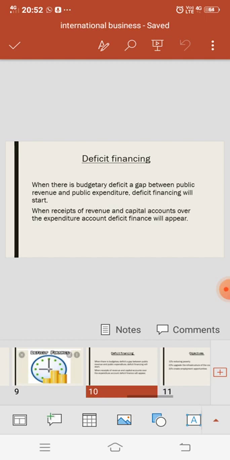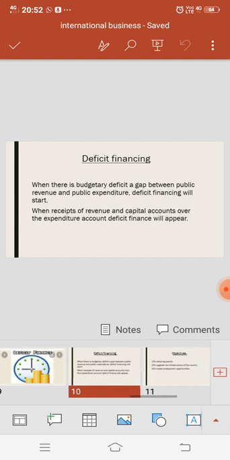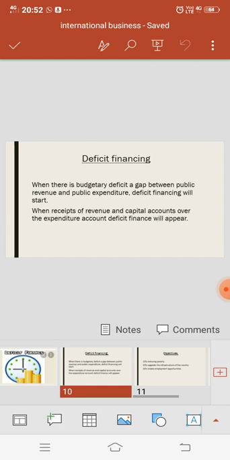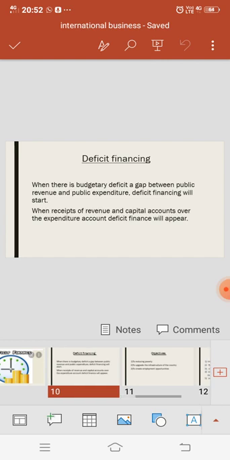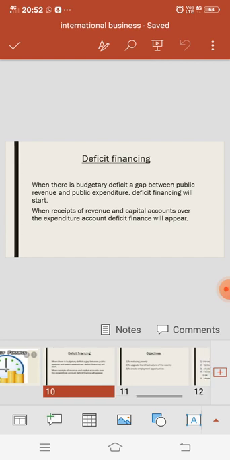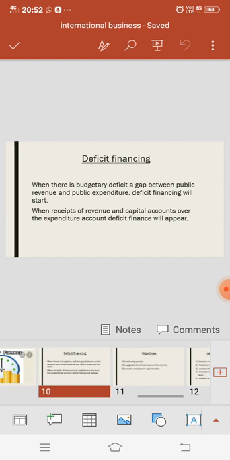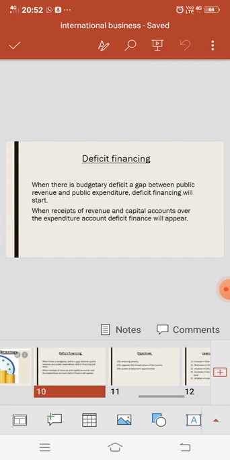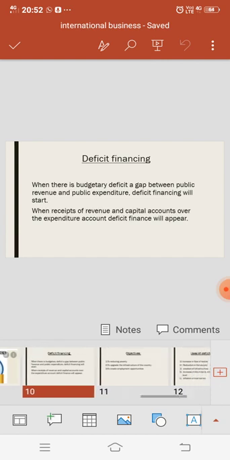Objectives of deficit financing. The main objective of deficit financing is to reduce poverty in the economy. Next, to upgrade the infrastructure of the country.